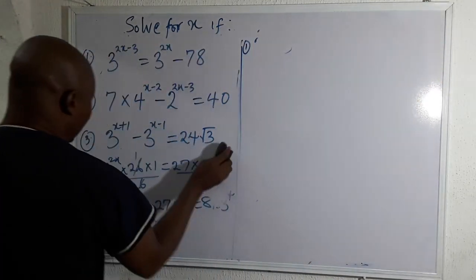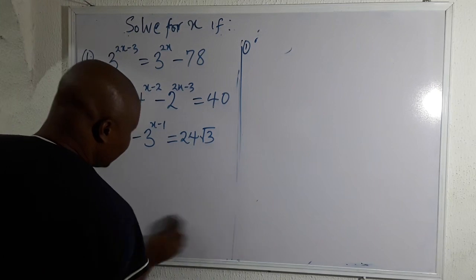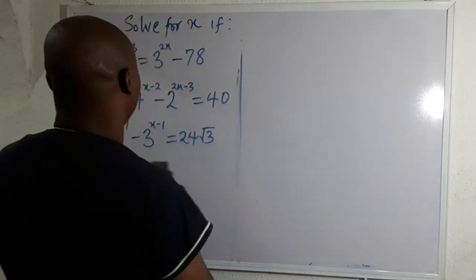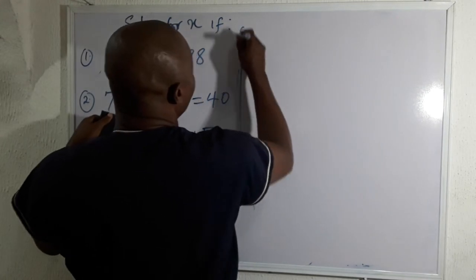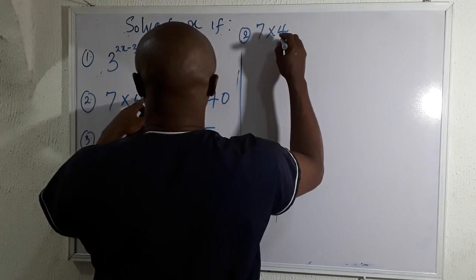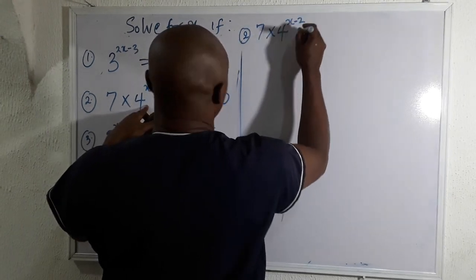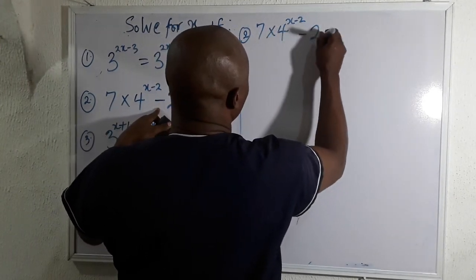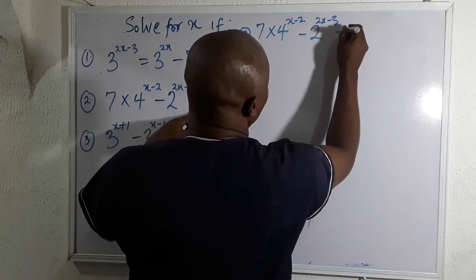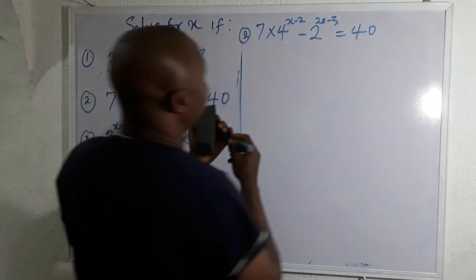Now in question 2, we are going to apply similar techniques. In question 2, we have 7 times 4 raised to the power x minus 2, minus 2 raised to the power 2x minus 3 is equal to 40.